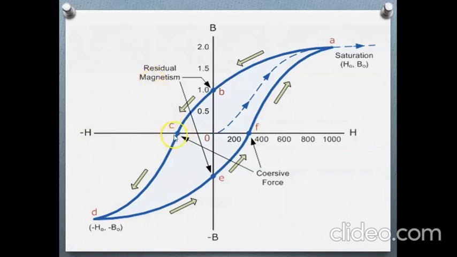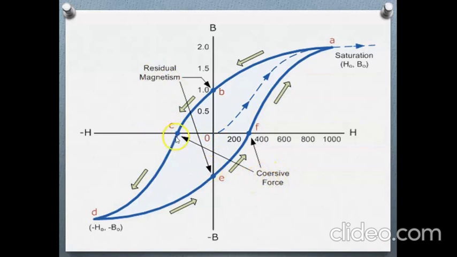That means we have removed the residual magnetism from the magnetic material, and this is the H from 0 to C. From 0 to C, the value of magnetizing force which is required to remove the residual magnetism is known as coercive force. The value of H at that C point is known as coercive force.